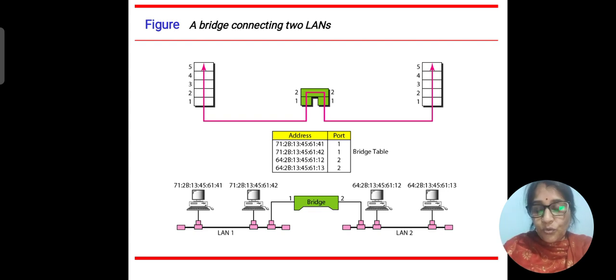Therefore, there is no need for forwarding and the frame is dropped. On the other hand, if a frame for 71:2B:13:45:61:42 arrives at port 2, the departing port is port 1 and the frame is forwarded.